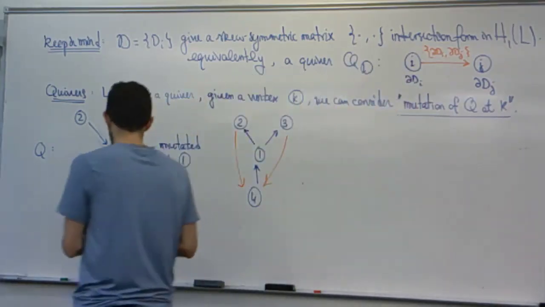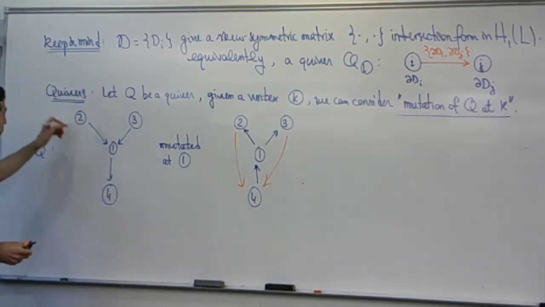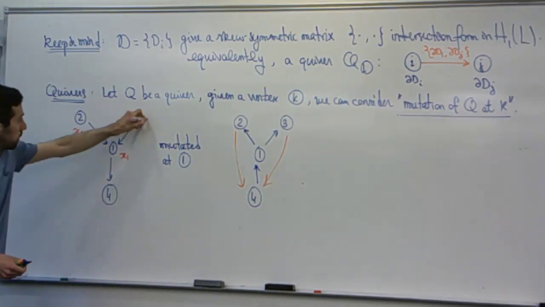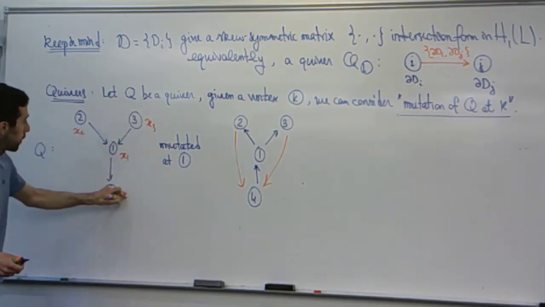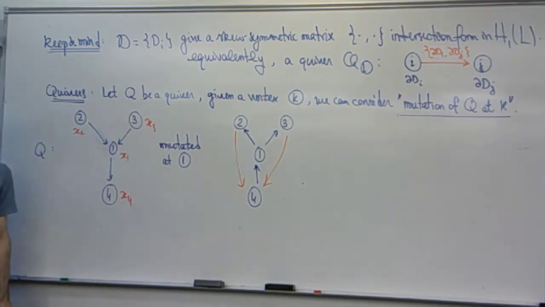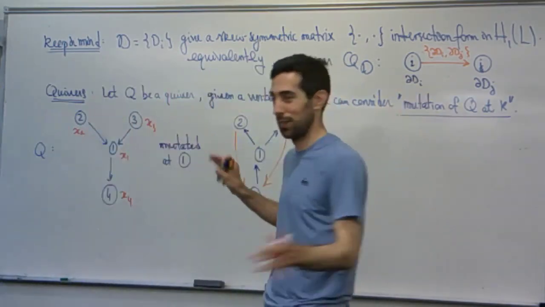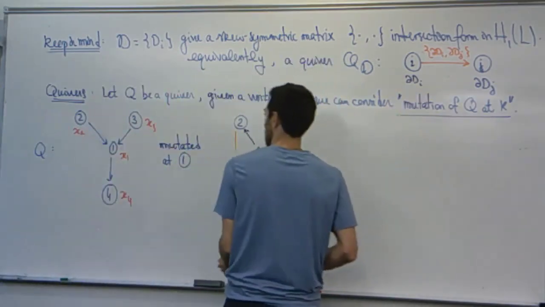Sometimes yes, sometimes no. So here's what you do, is you put variables, and usually they're called x1, x2, x3, according to the vertices. So for each vertex, you put a variable in there, and this is purely formal. There's no geometry, these variables mean nothing, I mean, from that perspective.